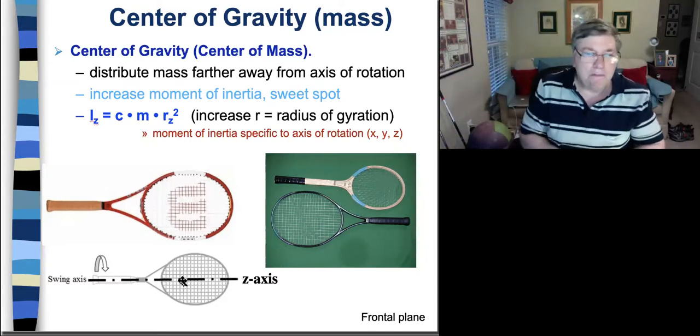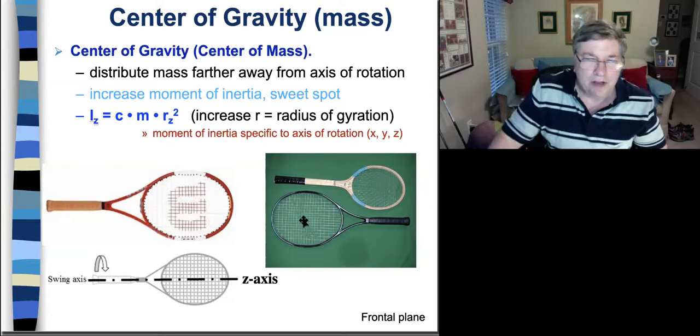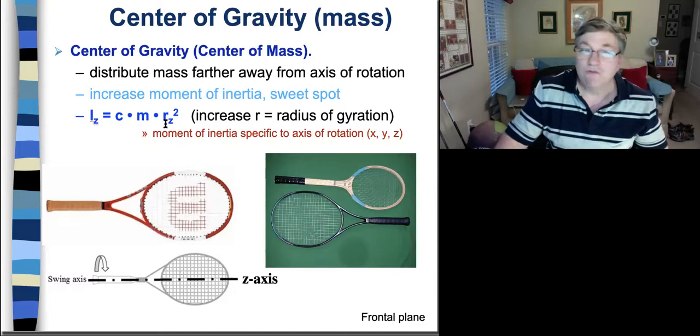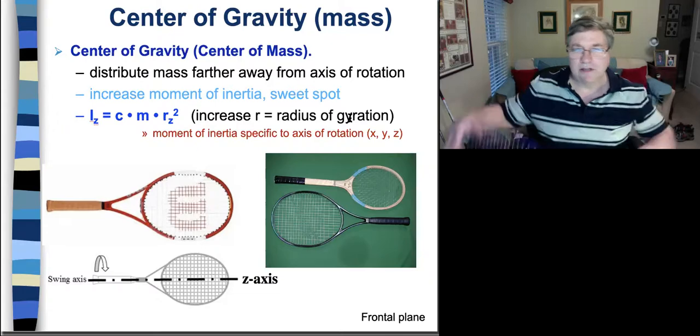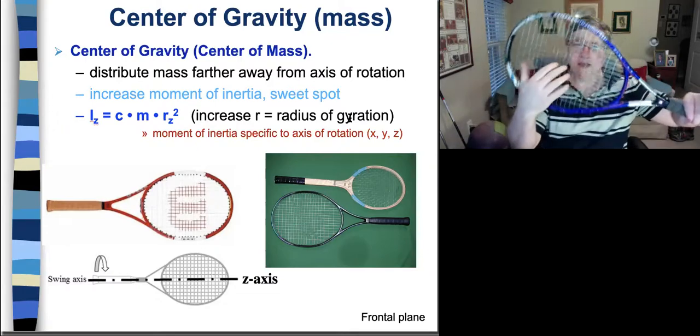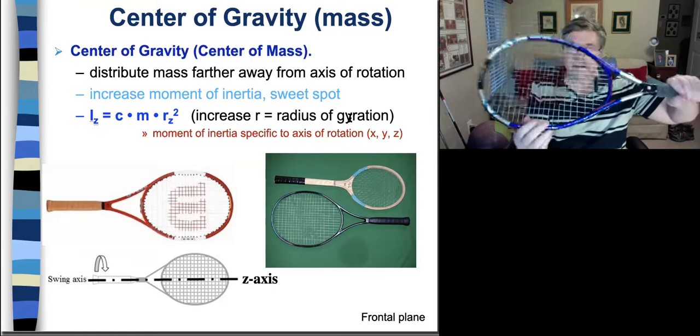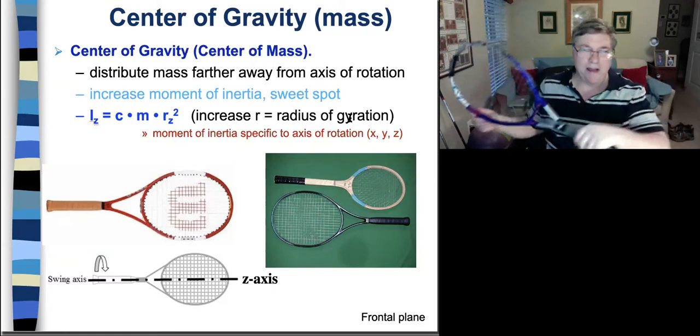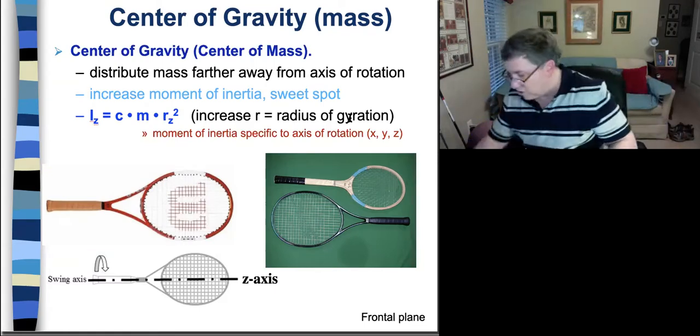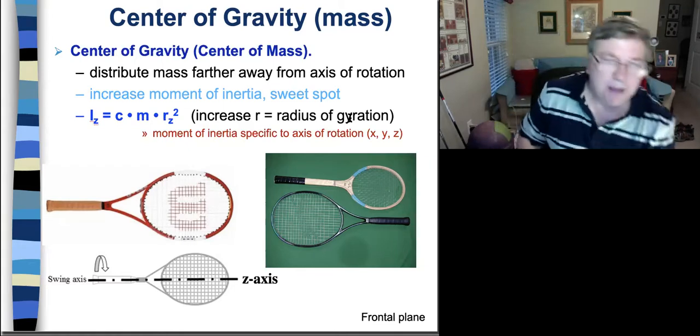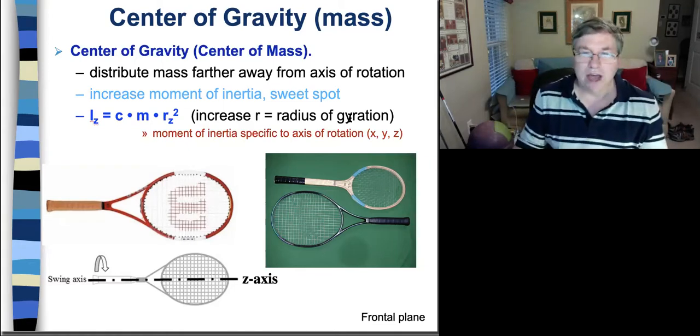And if we move that mass by having a larger head away from the axis of rotation, that increases along the z-axis this radius of gyration. And that increases the moment of inertia, therefore the sweet spot, and decreases the chance of an off-center shot twisting the racket in your hand. So the chances are you're going to hit a straighter and better shot along the z-axis.